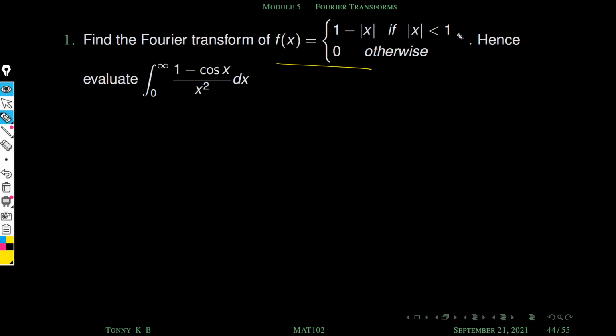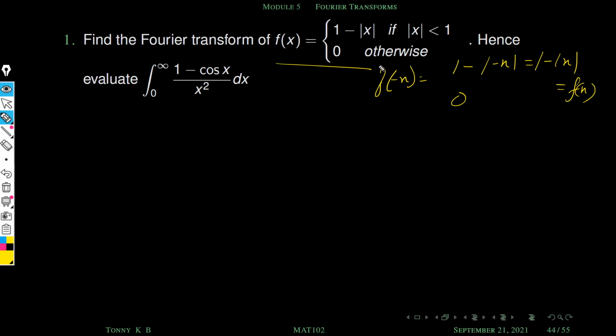If you consider f of minus x, this is 1 minus modulus of minus x whenever mod x is less than 1, and always 0 otherwise, when mod x is greater than or equal to 1. Modulus of minus x is the same as mod x, so that is 1 minus mod x, which is the same as f of x. So f of minus x is the same as f of x. That's why this function is even.